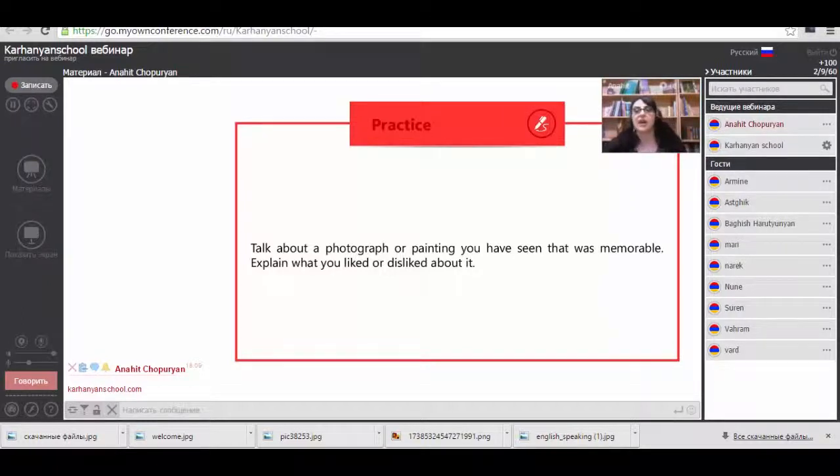You can say that the painting that I really like and have seen was the painting of Mona Lisa. Yes, the portrait of Mona Lisa, which was a really unique experience for me because I saw it in the Louvre, one of the greatest museums in the world, and you start giving some information about this painting.